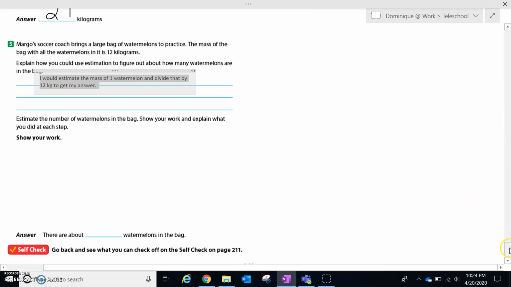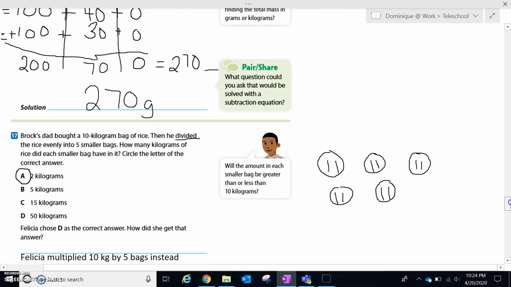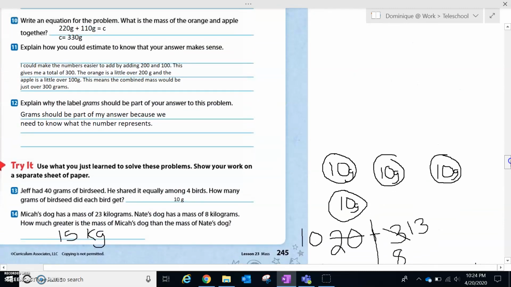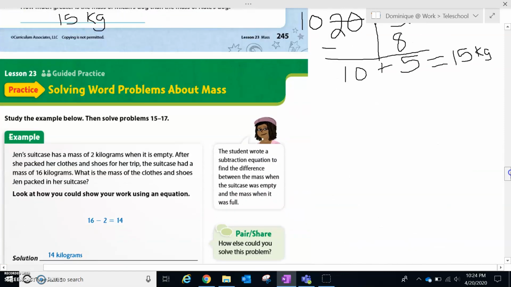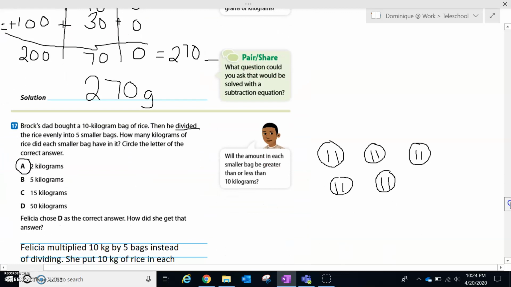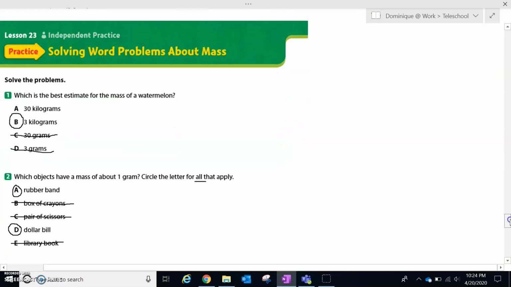And I know in our previous question, where was it, guys? We had it in here somewhere, I can't remember, where we talked about a watermelon. Oh, here we go. We said it was about 3 kilograms, right?